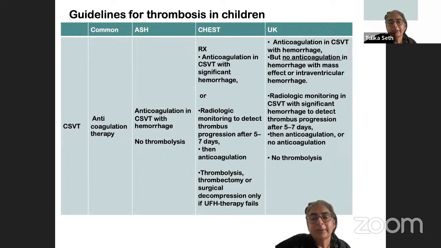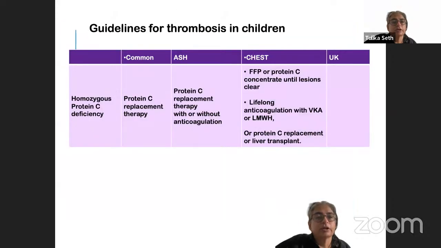And again, they recommend radiological monitoring. And if there's significant hemorrhage or thrombus progression, then you need to decide about anticoagulation or no anticoagulation in these patients. So monitoring is useful, and they also usually recommend avoiding thrombolysis because thrombolysis will increase the risk of hemorrhage.